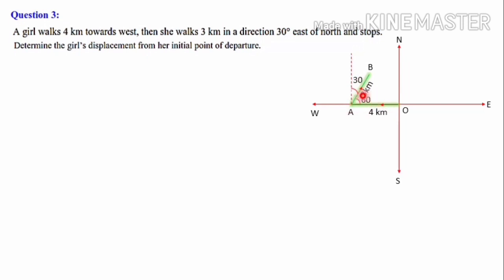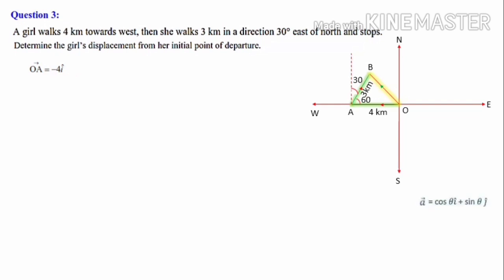This is the angle we need, theta. So this angle is 60 degrees, and we have to calculate vector OB, the displacement from the initial point O. From the diagram we can write vector OA is minus 4i, because the magnitude is 4 and it is along the negative direction of the x-axis.